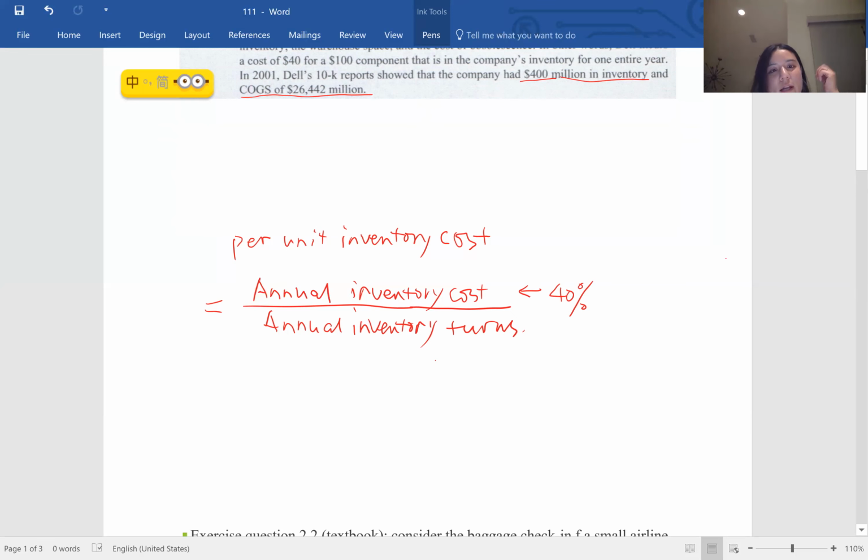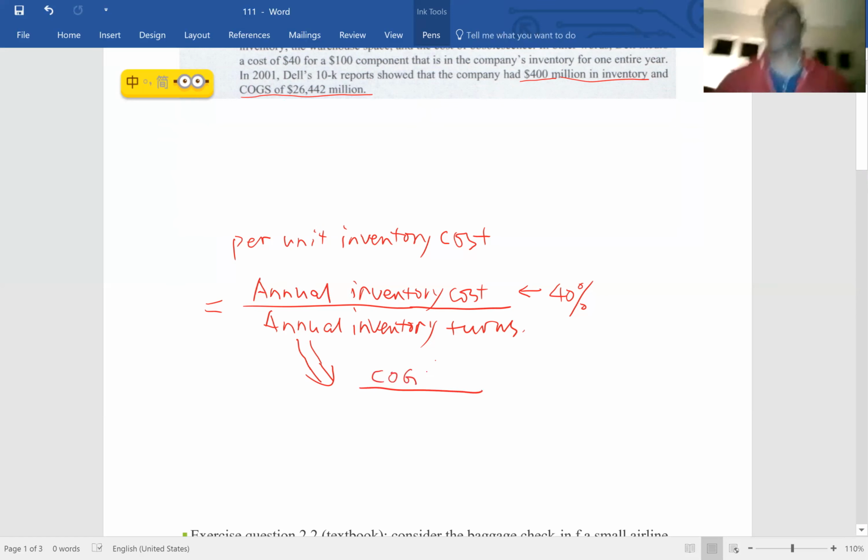So how to calculate the annual inventory turns? Since we know the company had 400 million in inventory and COGS of this number, we can calculate the annual inventory turns using the formula COGS divided by inventory.